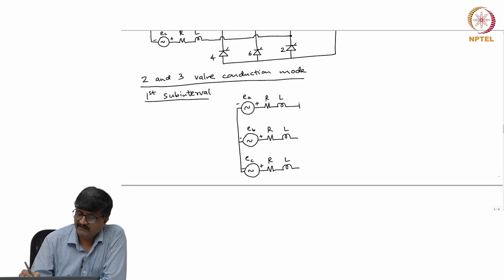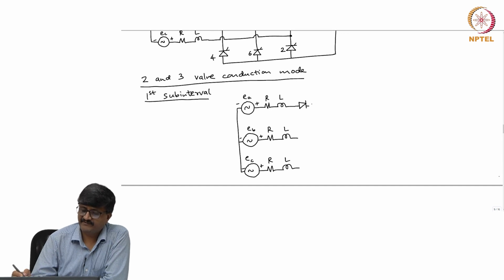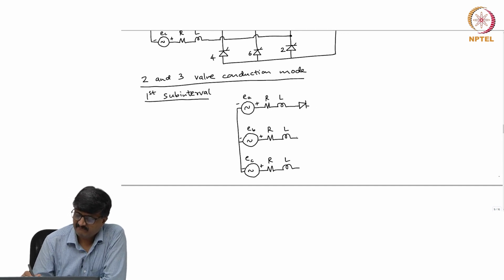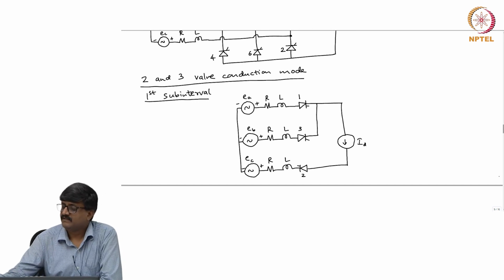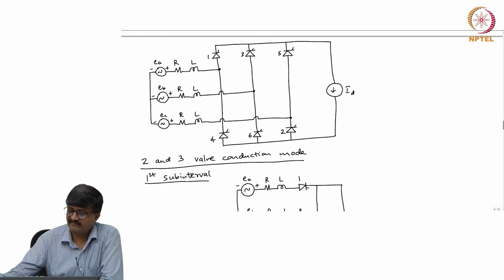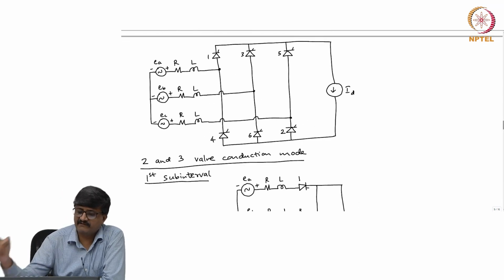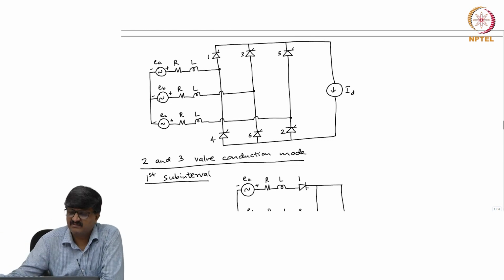So, valve 1 is in series with the voltage source E A, valve 3 is in series with the voltage source E B, valve 2 is in series with the voltage source E c. So, this is the circuit which is obtained from the previous one by just removing the valves that do not conduct, that is 4, 5 and 6.